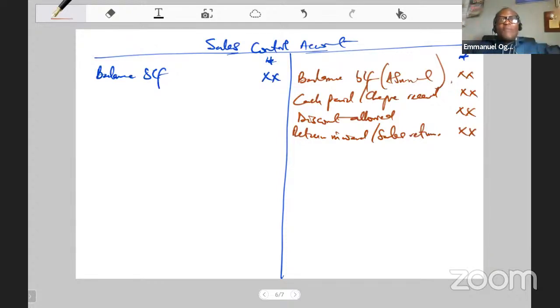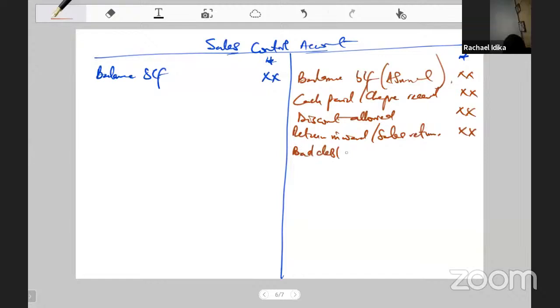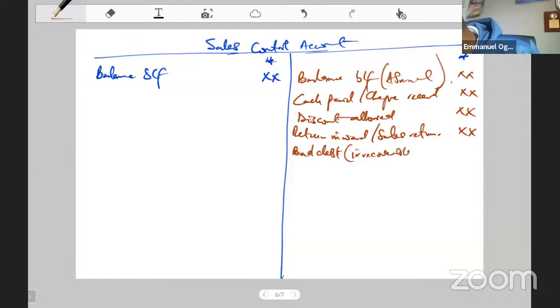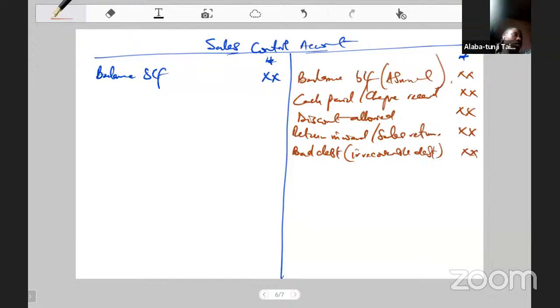A customer informed me that he is not going to pay, or he will pay when the Nigerian government is no more owing. What happens? It reduces. Will it be debited or credited? Credited. We call it bad debt. Another name for bad debt is irrecoverable debt. Did you get that? Yes, sir.